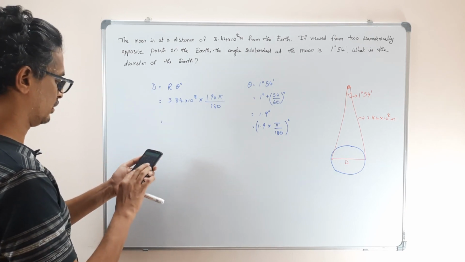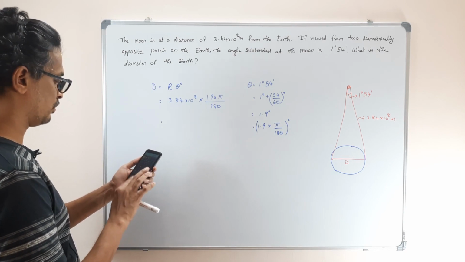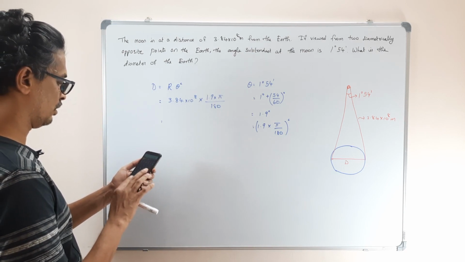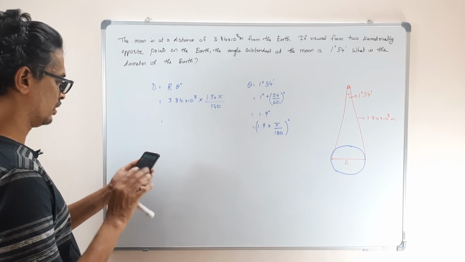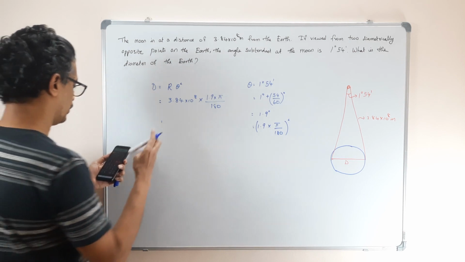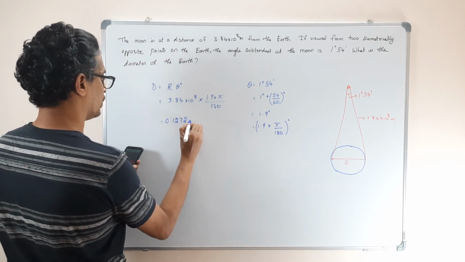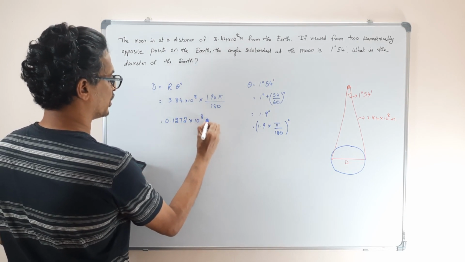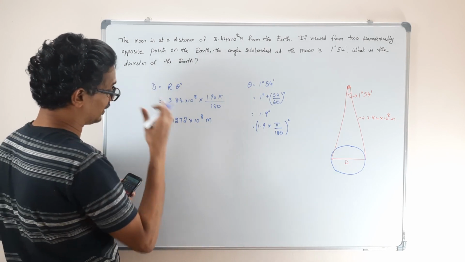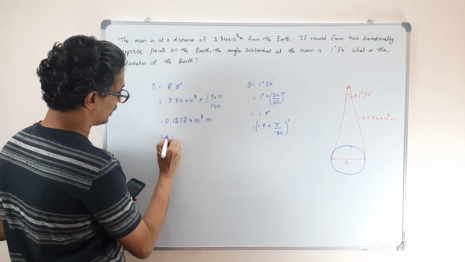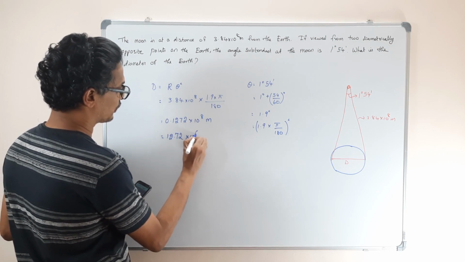Okay, fine. 3.84 into 1.9 into 3.14 divided by 180 equals 0.1272 × 10^8 meter. So that is the diameter. Or if I want to write it in 10^6, I can write 12.72 × 10^6 meter.